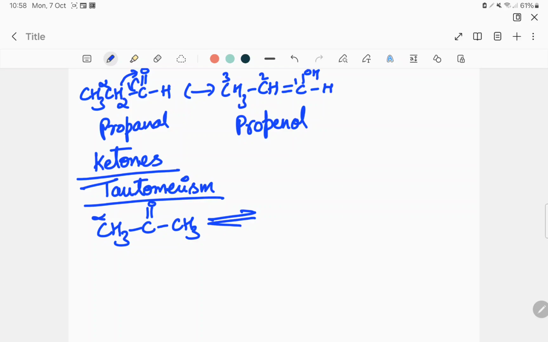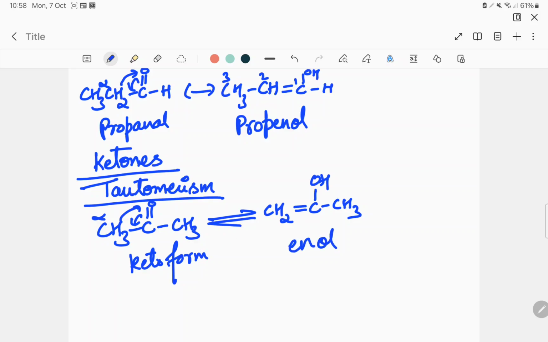This is the alpha. The hydrogen will shift over here and the double bond will shift over here such that we have CH2 double bond C OH CH3. This is known as the keto form, and this is known as enol because it contains ene and ol together. So it is known as enol. Keto, enol, and this is known as keto-enol tautomerism.